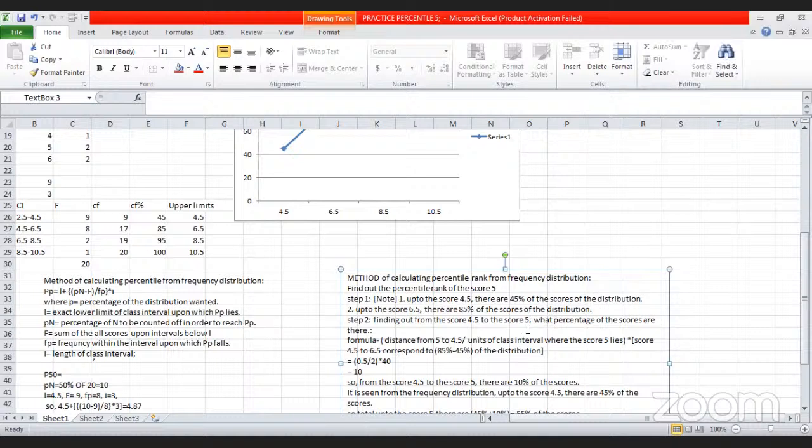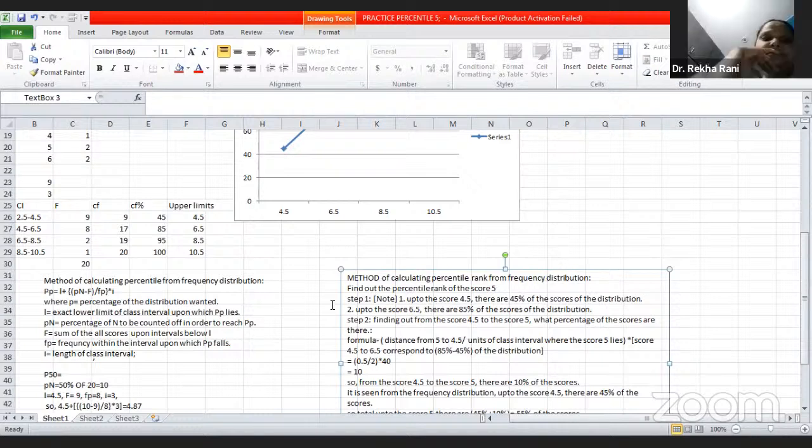The units of the class interval where the score 5 lies, that is 2 units. So it will be 2, into the percentage of the scores corresponding to 4.5 to 6.5.